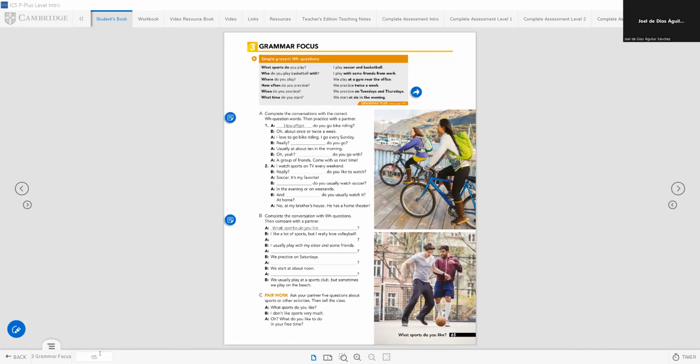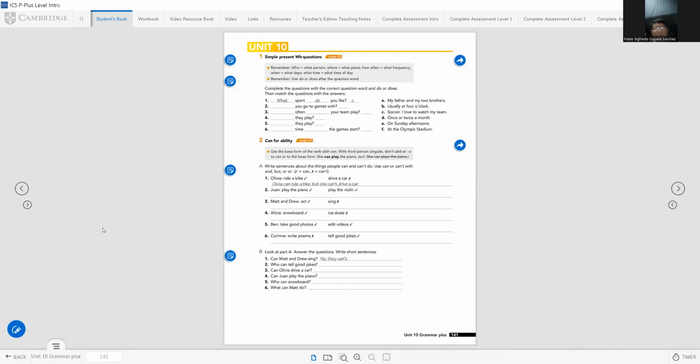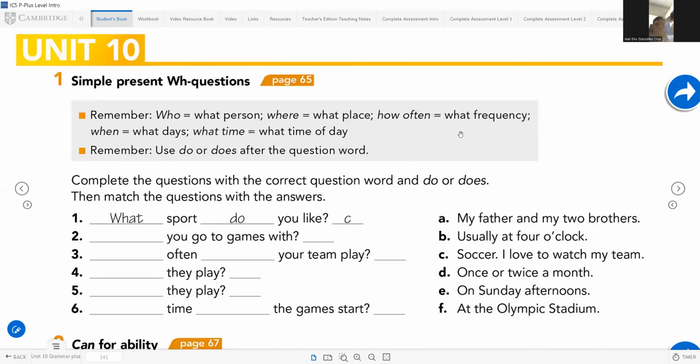We have an exercise. We have to go to page 141. Okay, we have to complete this one. We have to complete the question and we have to match the questions with the answers.